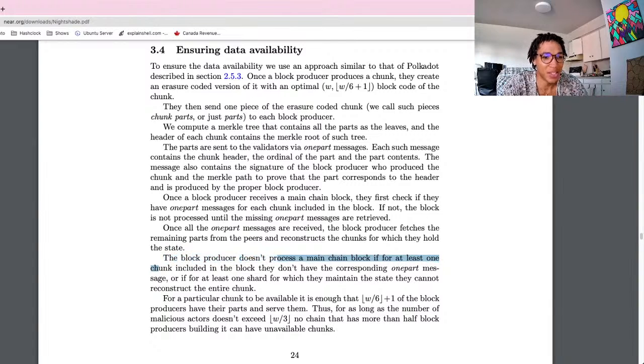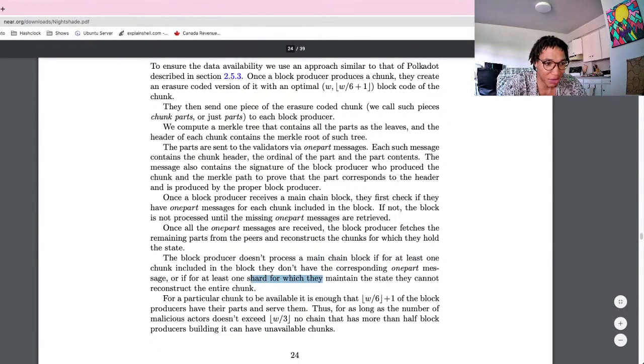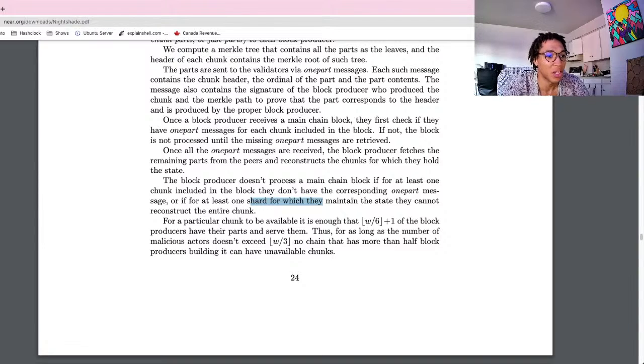So this is saying when it doesn't process: if for at least one chunk included in the block they don't have a corresponding message, or if for at least one shard of which they maintain the state, they cannot reconstruct the entire chunk. Okay, so basically the block producer doesn't process the block if they can't do either of these two things. Not that complicated. They need to verify everything before they produce a block to the main chain.